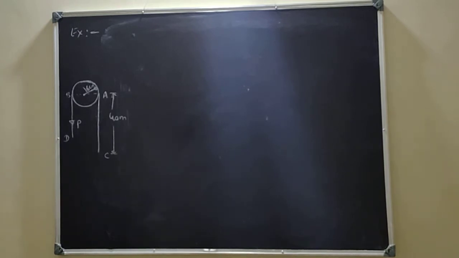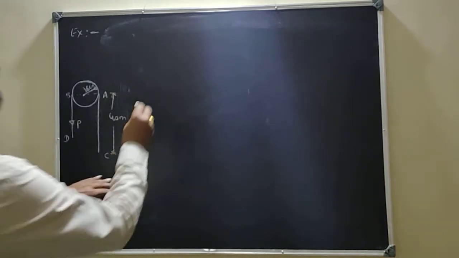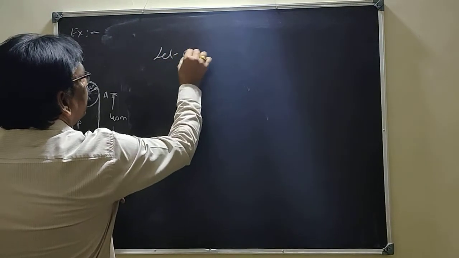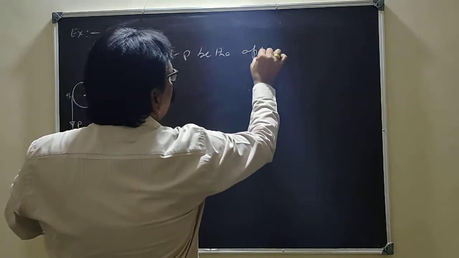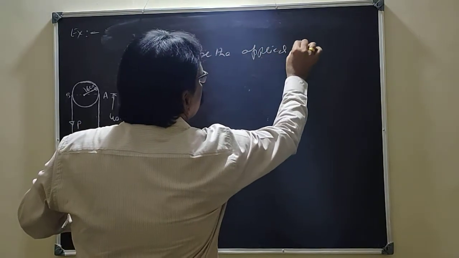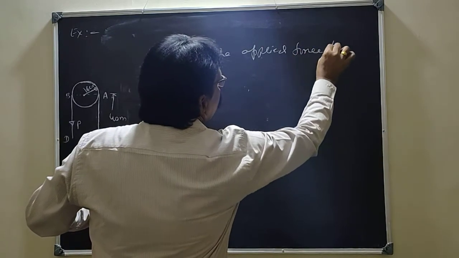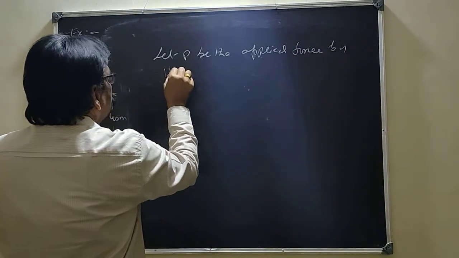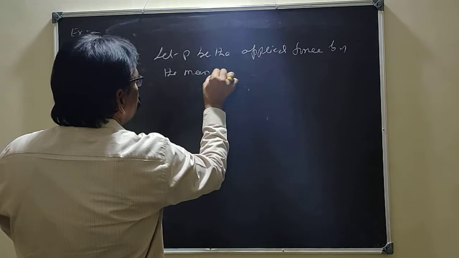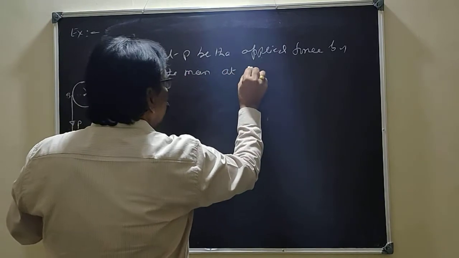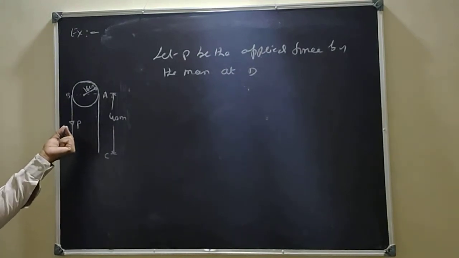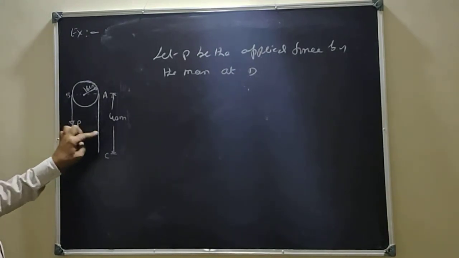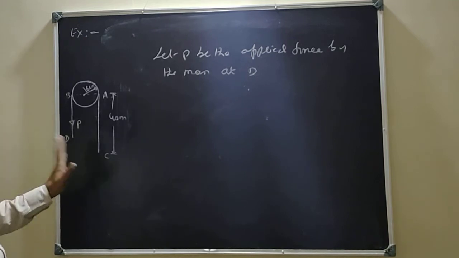Let P be the applied force by the man at D. So that means now he has to apply the force such that it will come down, so that both the sides should be equal to one another.